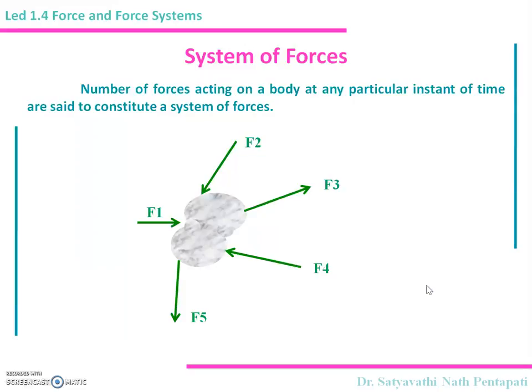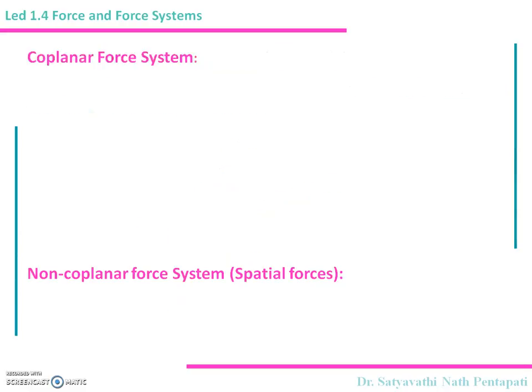Now let us see what are systems of forces. When more than one force is acting on the body, we call all those forces a system of forces. All those forces together constitute a system of forces. There are different types of systems of forces. But what is the need to find those systems of forces?